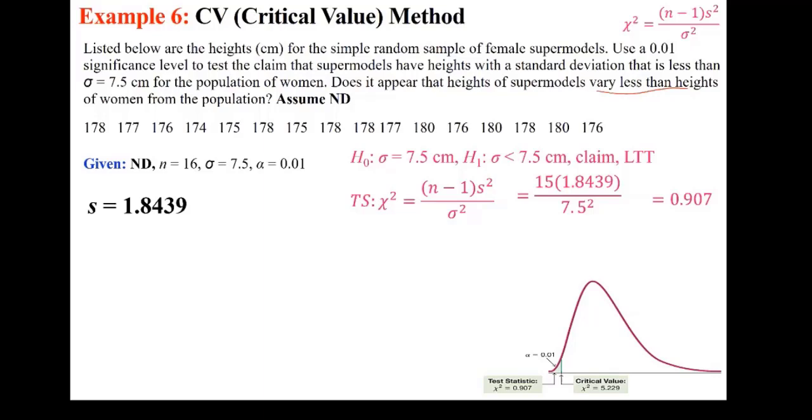What about the critical value? The critical value comes from the choice of alpha. Alpha is 0.01. That means since it's a left tail test, we need the area to the right, 1 minus that, for the sake of reading from the table. So the area to the right is 0.99.